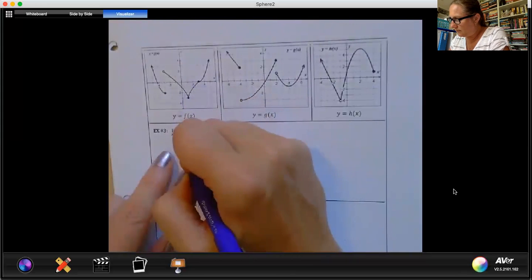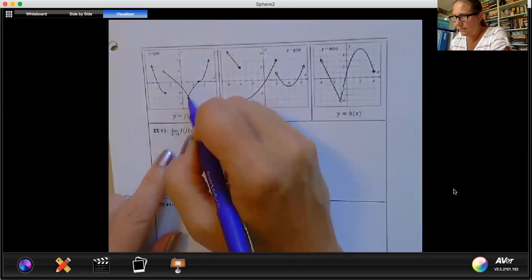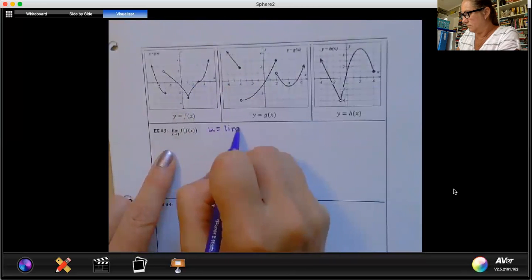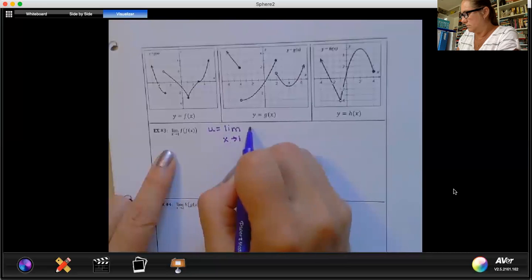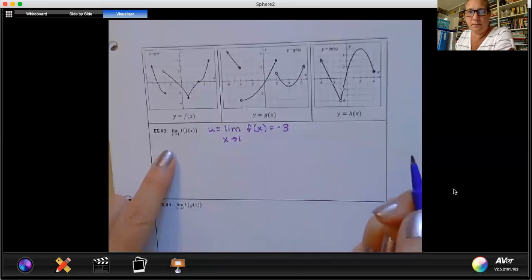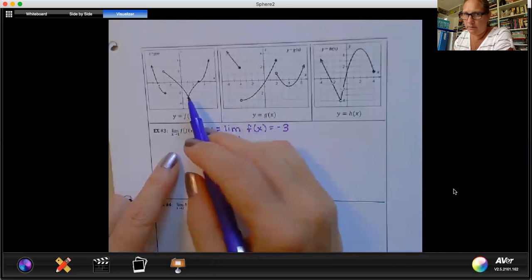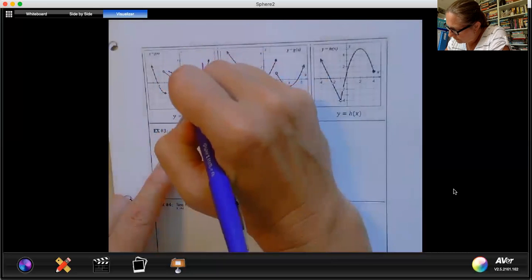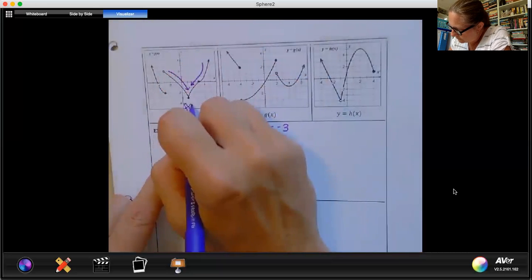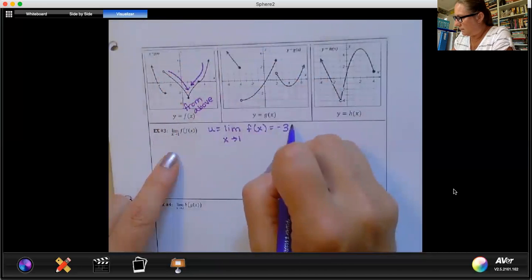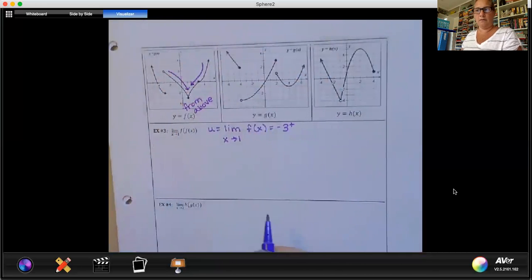So the limit as x approaches 1 is negative 3. To get there, you came from above. So that indicates you're positive.